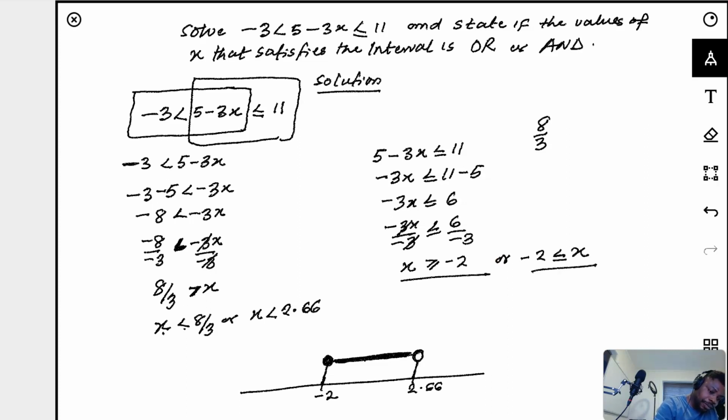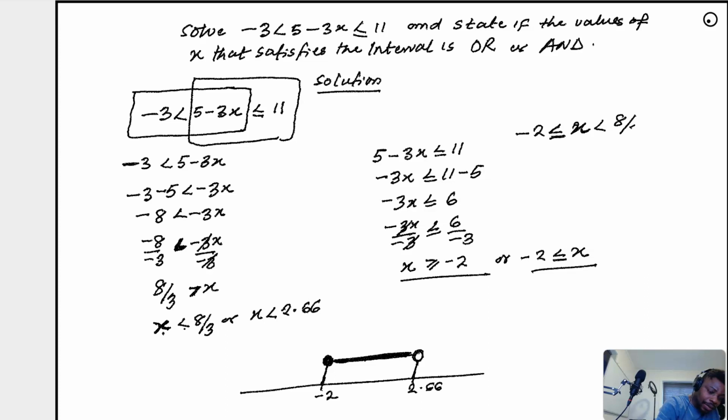So if that means that, let's see the combined form. So x is greater than or equal to -2. That means -2 is less than or equal to x. And that same x is less than 8 over 3.